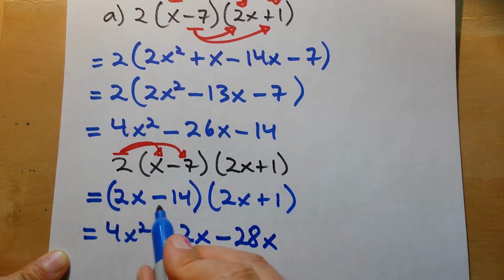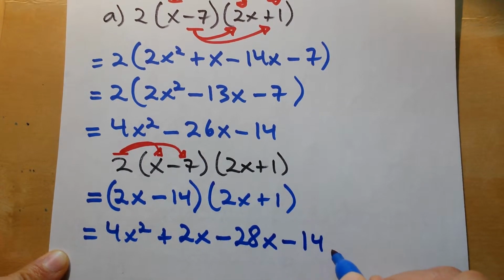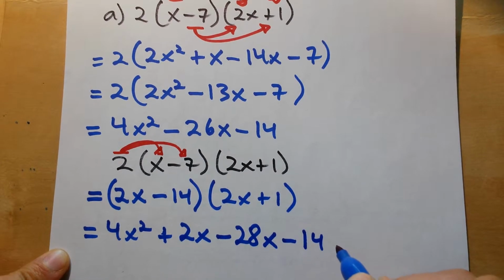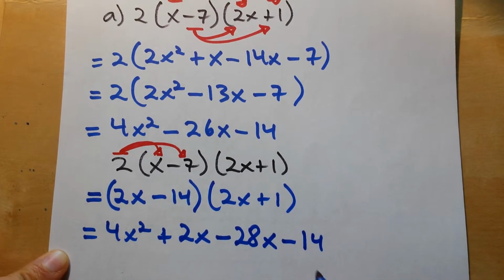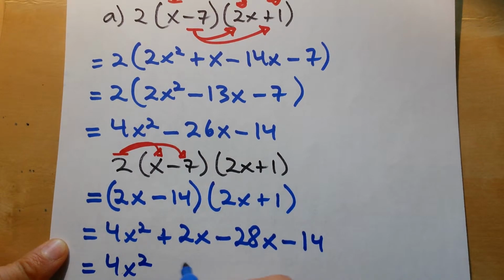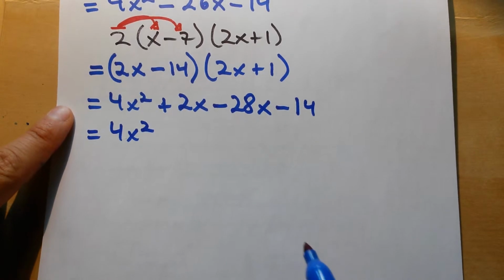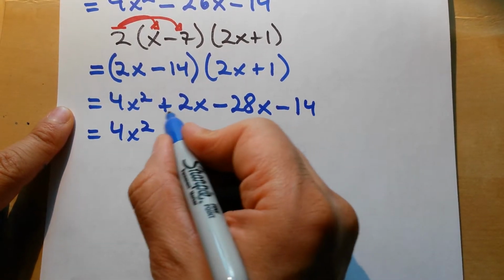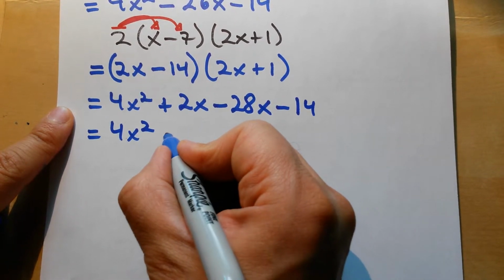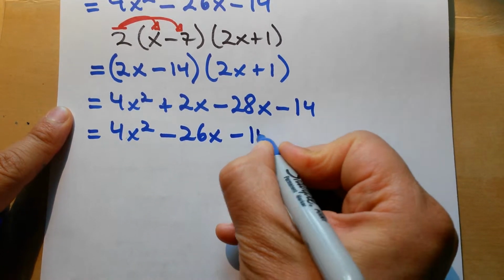And then negative 14 times 1, negative 14. Now, let's collect the like terms. 4x squared plus 2x minus 28x gives us minus 26x, and then minus 14.